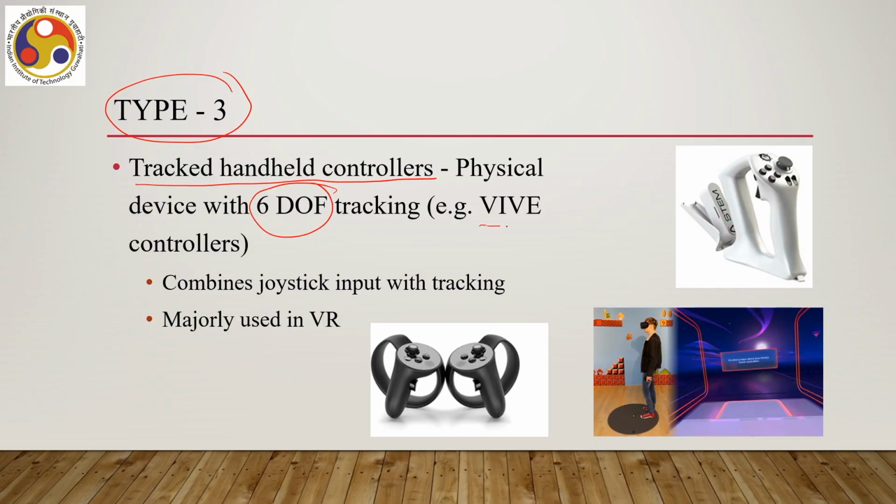Typical input controllers that come with modern VR systems are tracked devices, so that break in presence is avoided. An example is the Vive controllers. The controllers combine joystick with tracking. They are majorly used in VR. Different examples are shown in the accompanying figure.